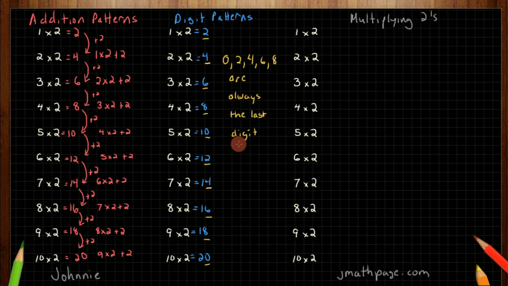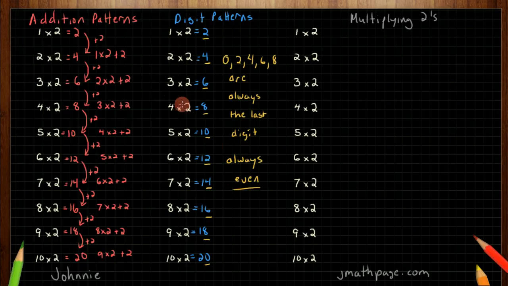Okay? No matter what. Well, what is special about 0, 2, 4, 6, and 8? Well, you know this one too. It's always even. So we have to know that about multiplying by 2's. These will always be the last digits, and of course these will make any multiple of 2 even.